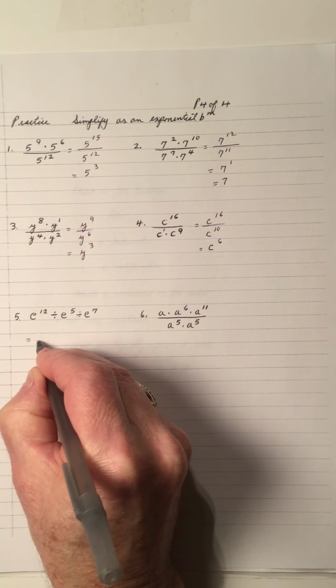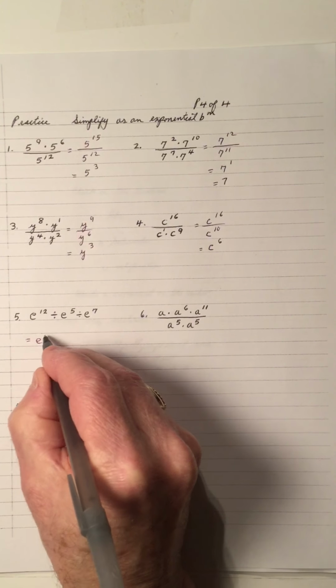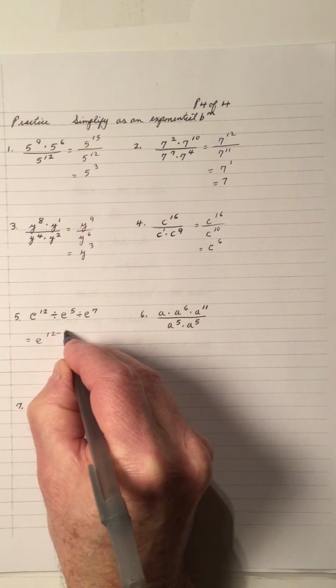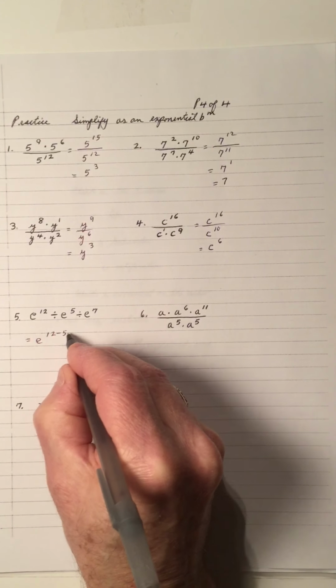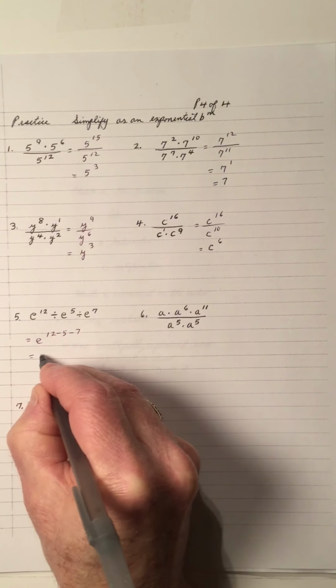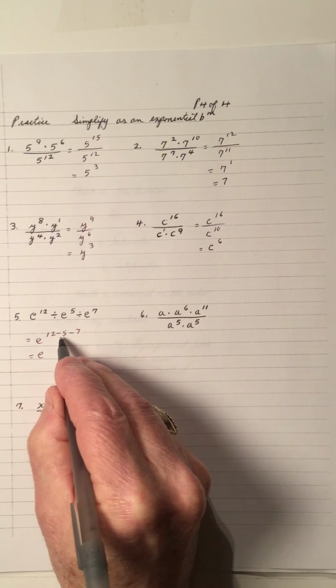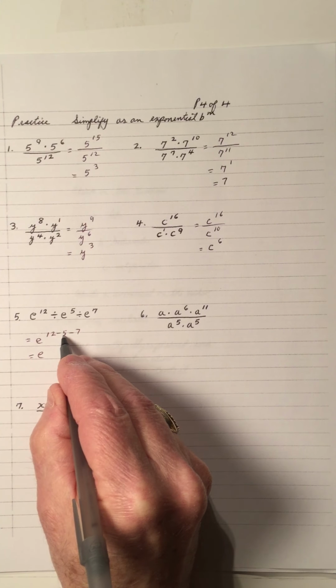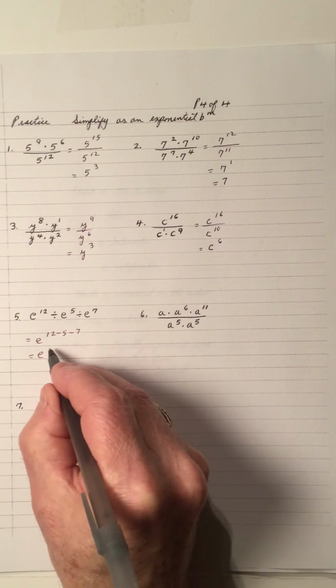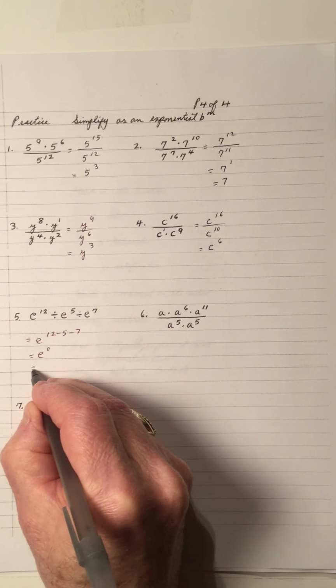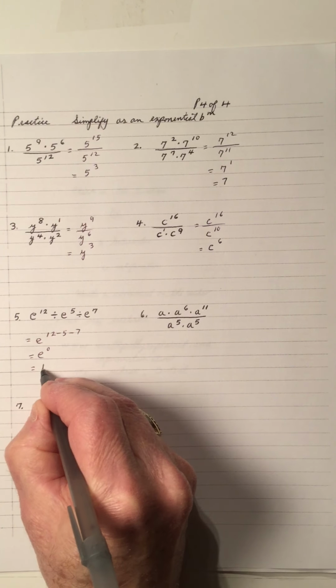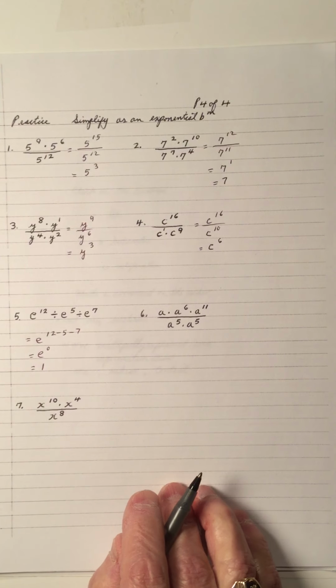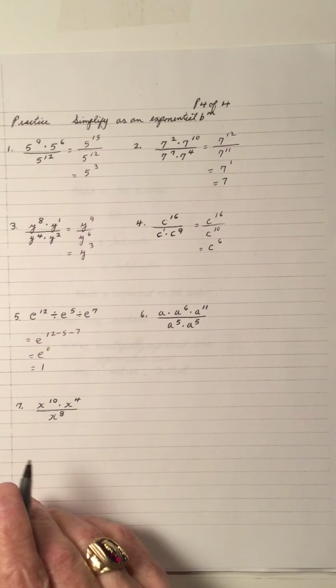The base is E. So when we divide, we subtract 12 subtract 5. And divide again, we subtract 7. So 12 subtract 5 is 7. 7 subtract 7 is 0. E to the 0 is 1. Any number to the 0 power is 1, except 0.